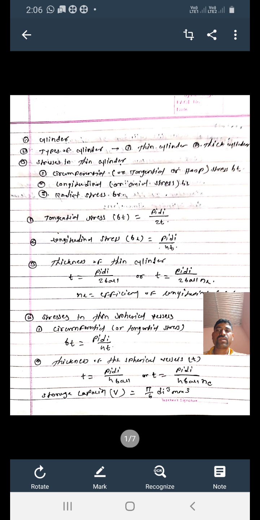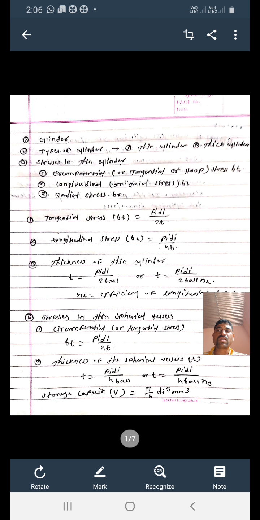Then finally we have found V, the storage capacity, is equal to pi by 6 into di cube. This is given in mm.